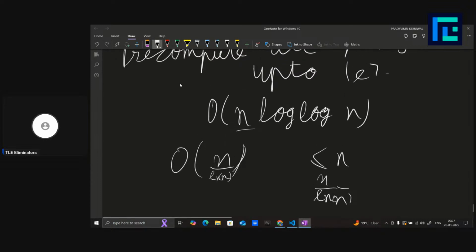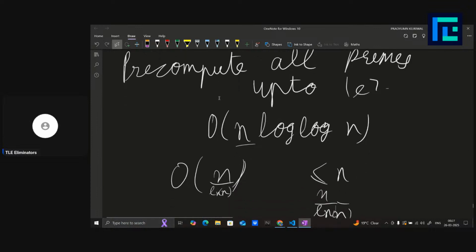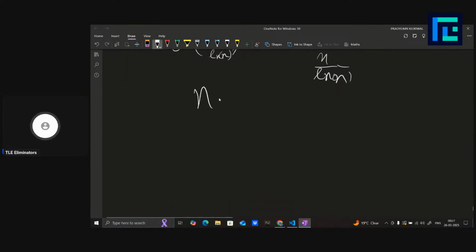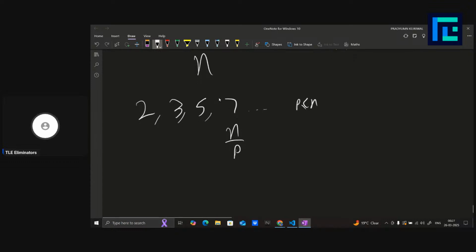So anyways, what we are doing is just pre-compute all the primes up to 10^7, and when you get n as an input, just iterate over all the primes from 2, 3, 5, 7, and so on up to the last prime which is less than or equal to n, and just add n by p to your answer each time. So this will take the time of whatever the number of primes less than or equal to n are. All right.